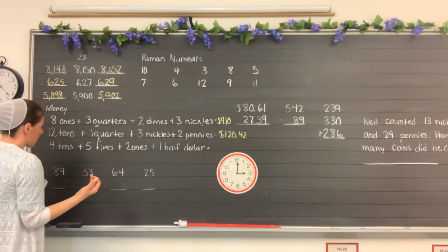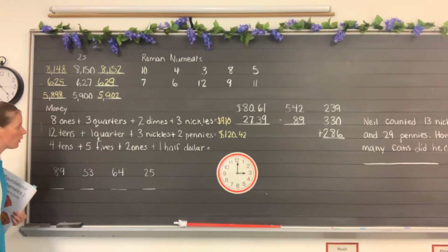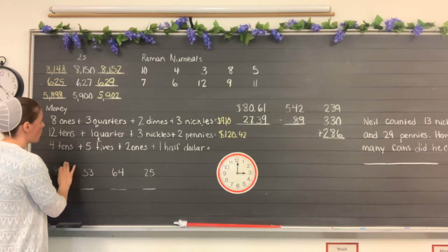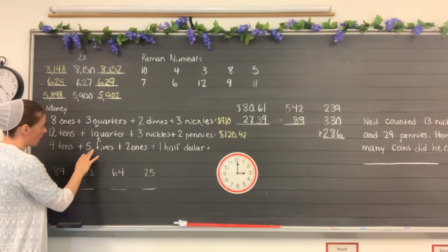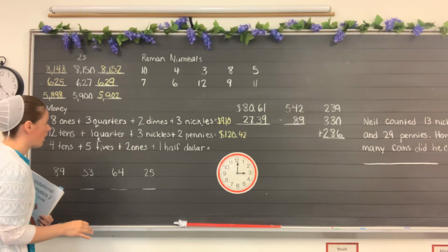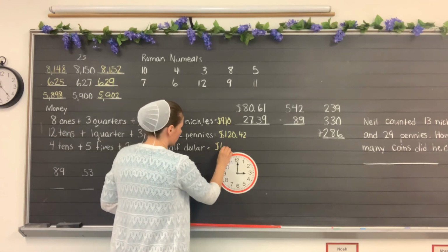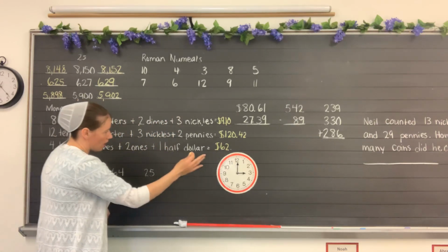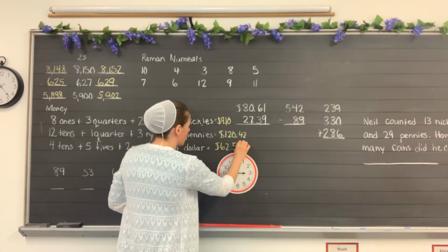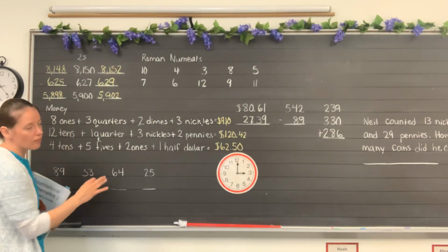You could go 40 plus 25, but if you'd want to count by fives from 40, you could go 40, 45, 50, 55, 60, $60 plus 2 ones, 61, 62, so $62. And $1/2 is worth 50 cents. So that would be $62.50.